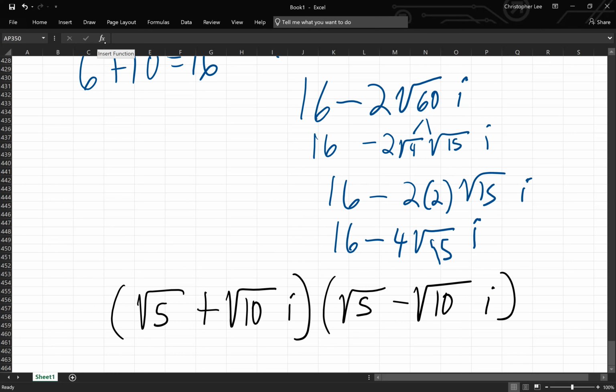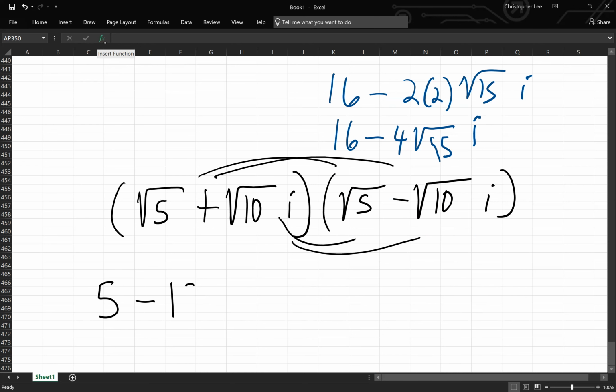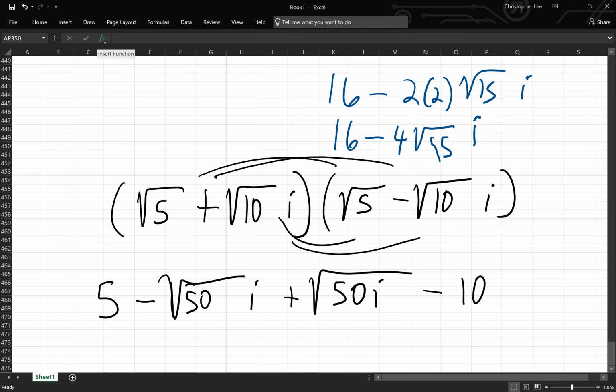Okay. So same thing, just FOIL it. Boom, boom, boom, boom. So I have 5 minus square root 50i plus square root 50i, and then minus, what's that? 10i squared.